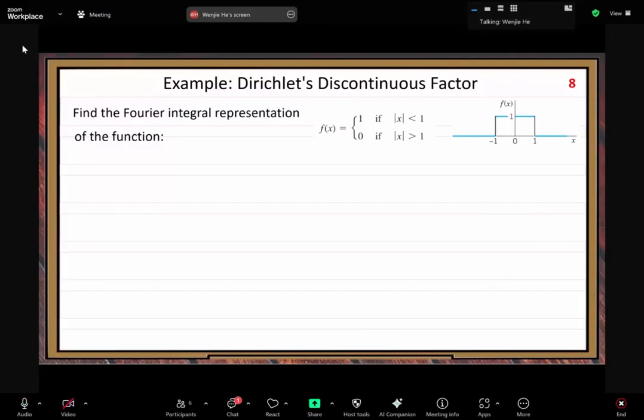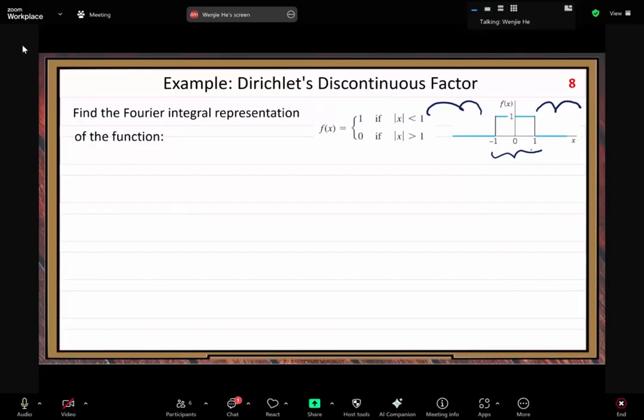This function is defined on the whole real axis, right? Second, we do not treat this function as a periodic function. Although some people may argue that we can do the periodic extension, keeping a duplicate of the non-zero part on the left-hand side and right-hand side, when you do that, you get a completely different function.